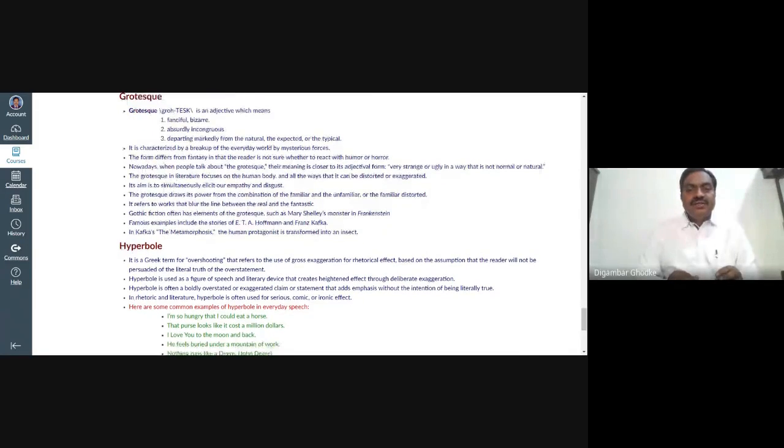And it departs markedly from the natural, the expected, or the typical. Whatever typical ideas we have about love, about romance, about marriage, it departs from that idea itself, from our expectations.